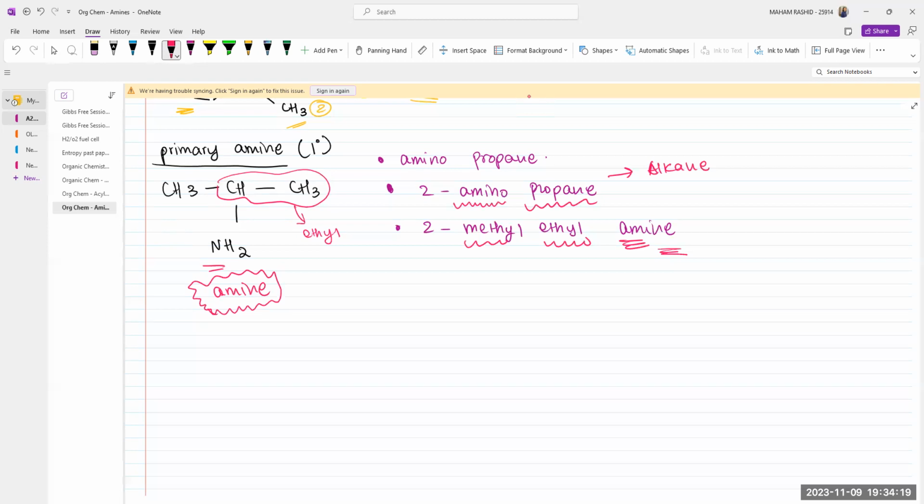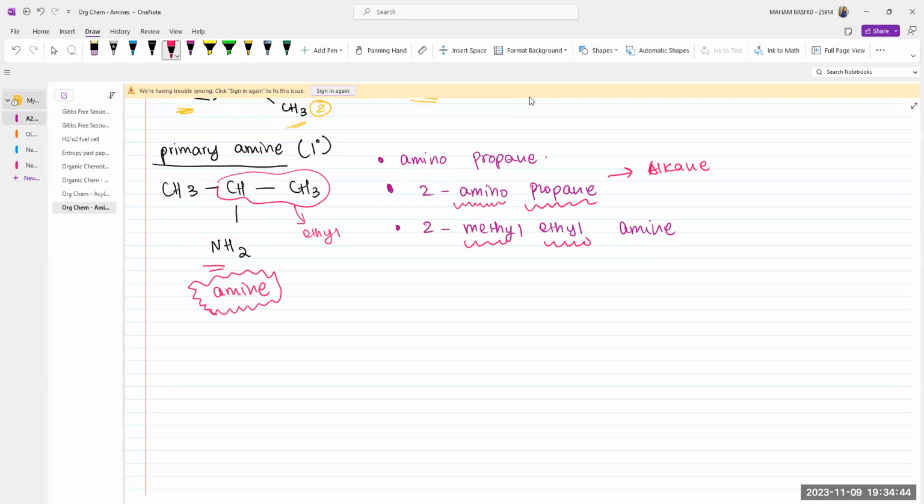And if you're taking this as an amine, you're going to add your extra functional group as ethyl, methyl, butyl. Get it? So either you take it as an amine or you take it as your alkane, but whatever you take it as, उसके हिसाब से you need to add your functional groups. Alkane की तरह ले रहे हो, you're going to add an amino. If you're taking it as an amine, you're going to add ethyl, methyl, butyl.